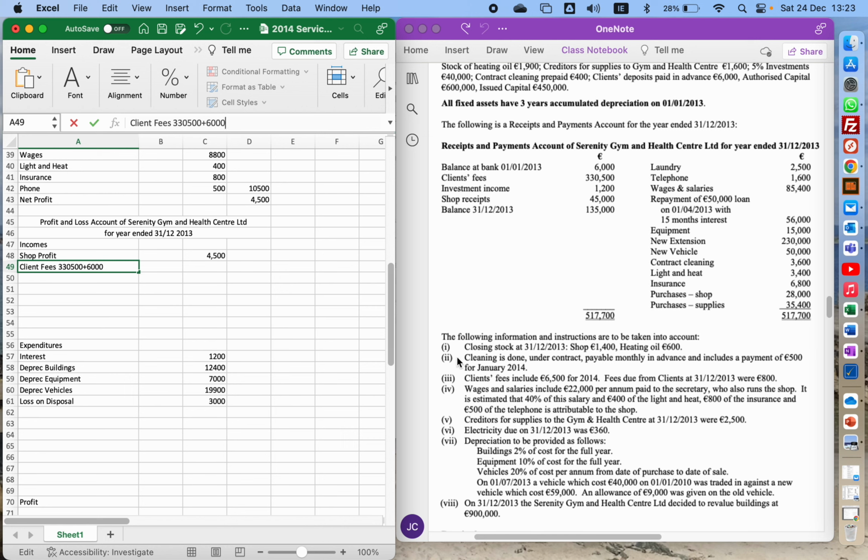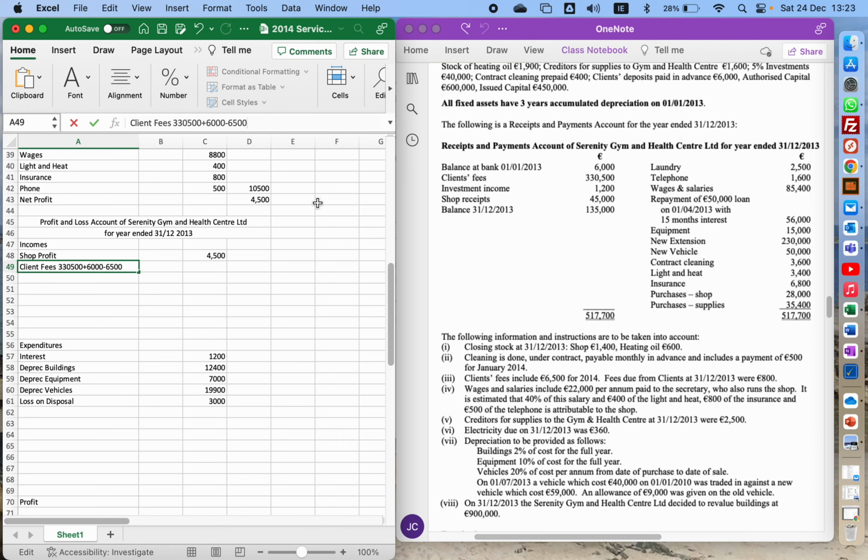Nothing else there at the beginning for prepaids, cleaning contract. Clients' fees included six for 2014. So we have 6,500, which is a prepaid for next year, so I'm going to take that out.